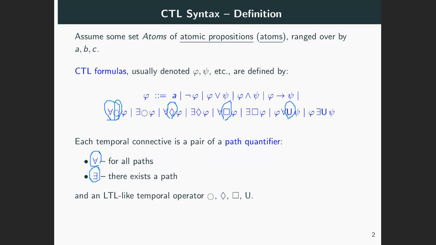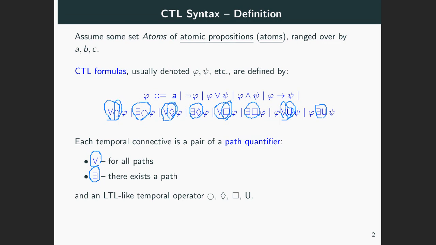We have for all next, there exists next, for all eventually, there exists eventually, for all always, there exists always, for all until, there exists until.